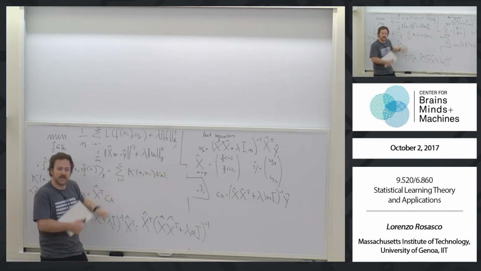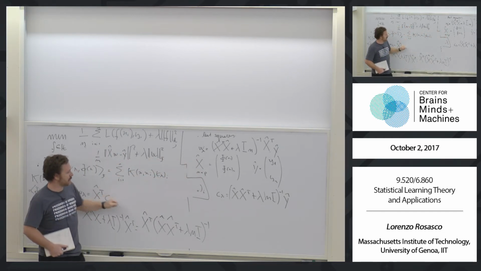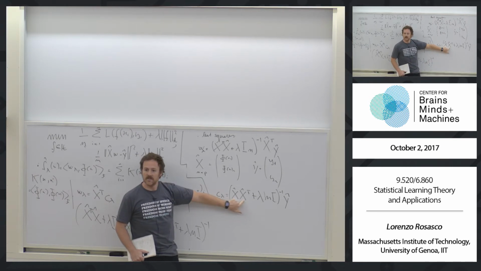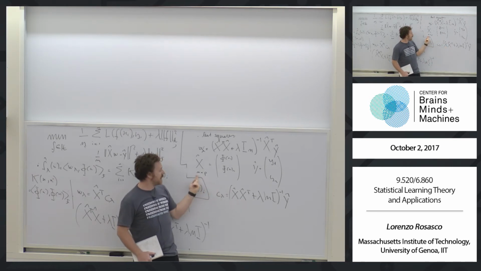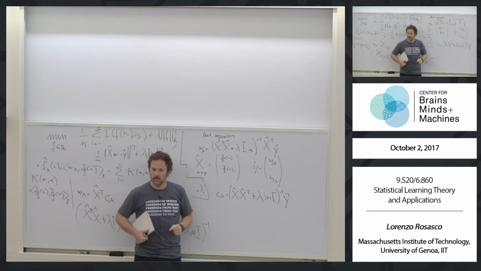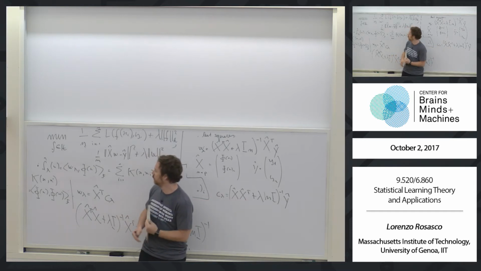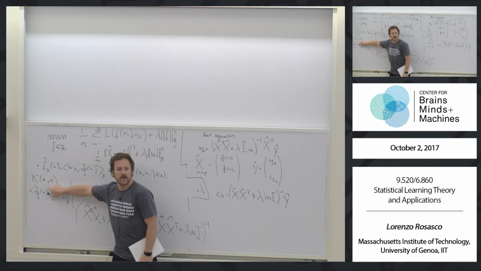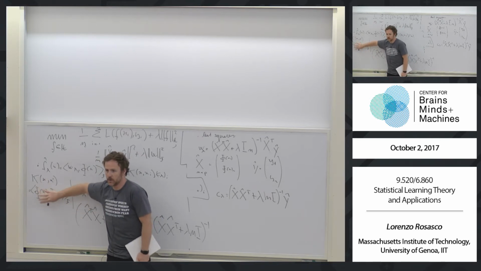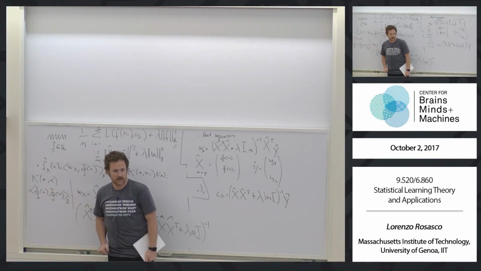I sweat a little bit to massage it until I get some expression like this. Check what this is. This is just a matrix, which is now n by n, obtained by taking the inner product of all the points. So as long as you can compute this expression, even though this phi is infinite dimensional, you're good to go, because that's all you need. Okay.